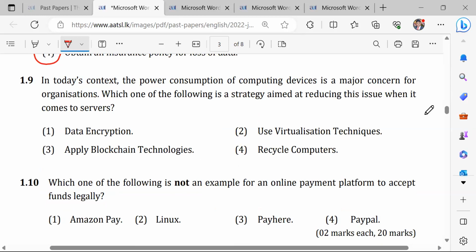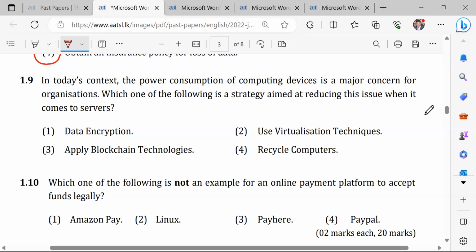In today's context, the power consumption of computing devices is a major concern for organizations. Which one of the following is a strategy aimed at reducing this issue when it comes to servers, right? Power consumption is a very considerable thing, right?